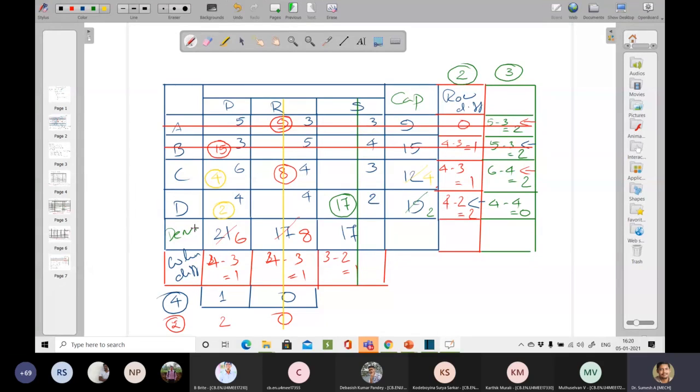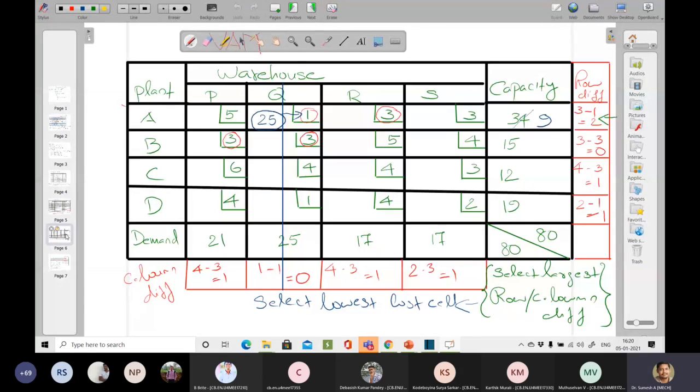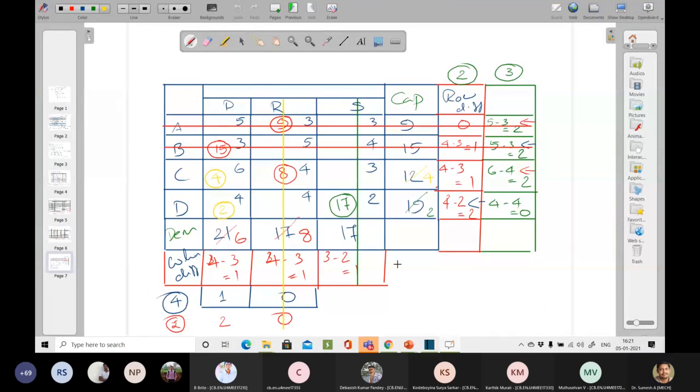So transportation cost equals 25 into 1 plus 9 into 3 plus 15 into 3 plus 4 into 6 plus 8 into 4 plus 2 into 4 plus 17 into 2. How much? What's the value? 195.